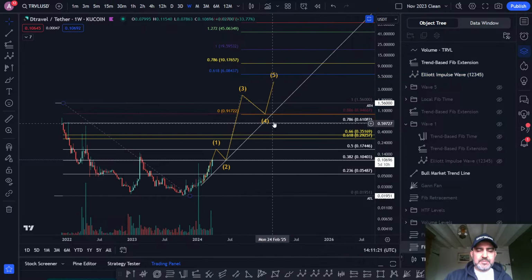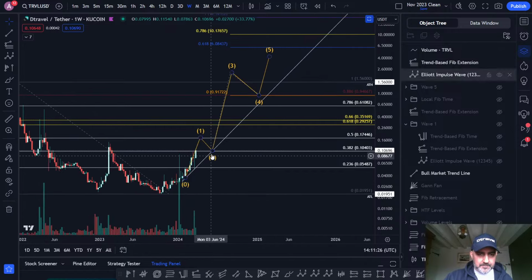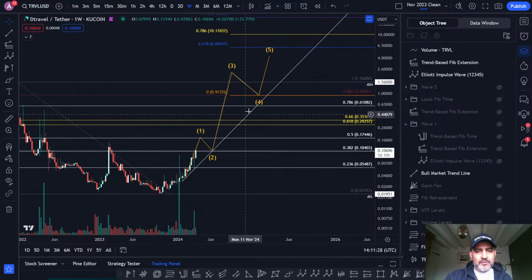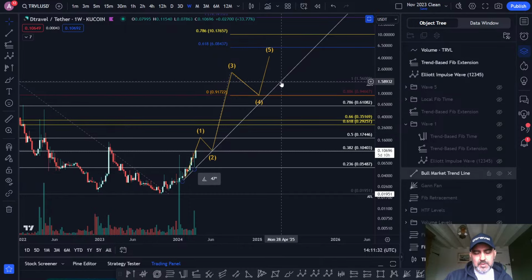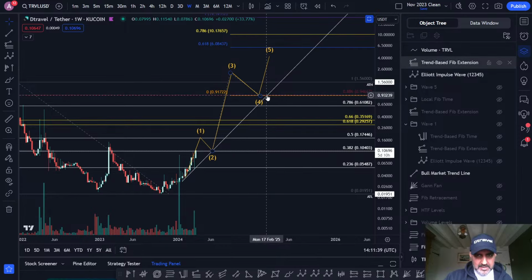What's interesting about this bull market trend line now is that if we just keep on bouncing off this bull market trend line, by February next year, the trend line is going to be at about 94 cents. See that?